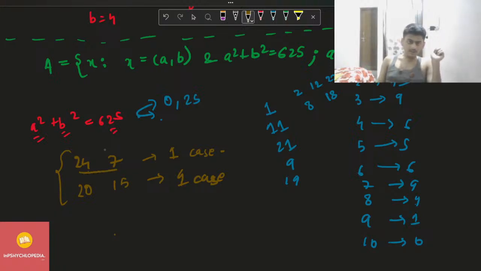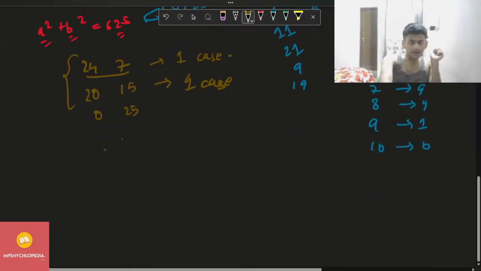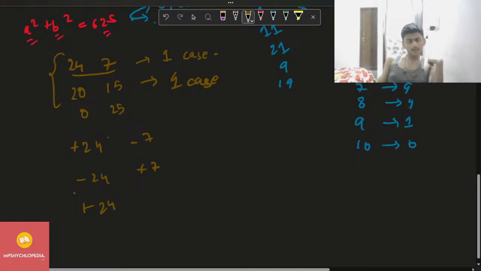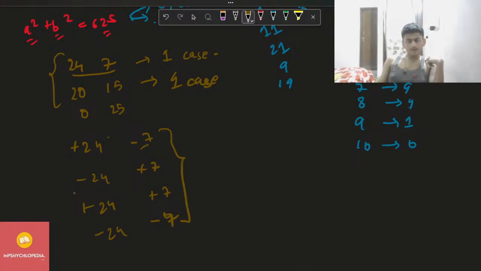Since it is 25 and 7, and one case was obviously 0 and 25, so 24 and 7, we can write plus 24 minus 7, minus 24 plus 7, plus 24 plus 7, minus 24 minus 7, right? These are the four cases, and into two cases, because these were ordered pairs, so for 7 comma 24 there will also be 4 cases, so it will be 8 cases total.